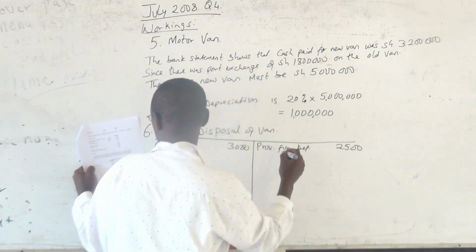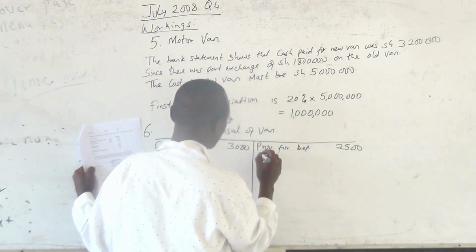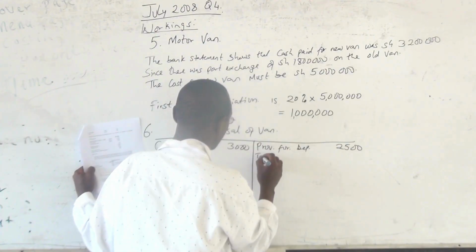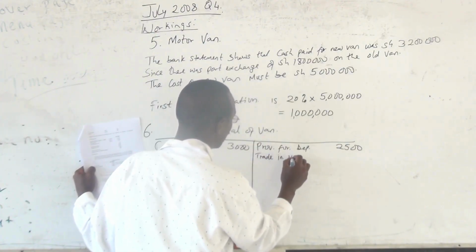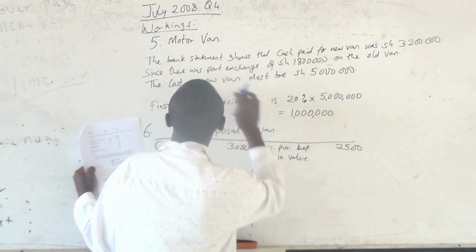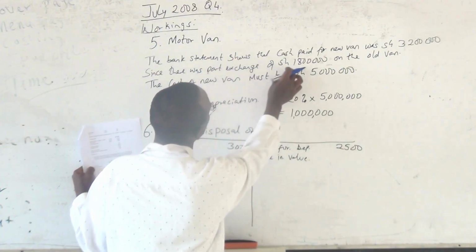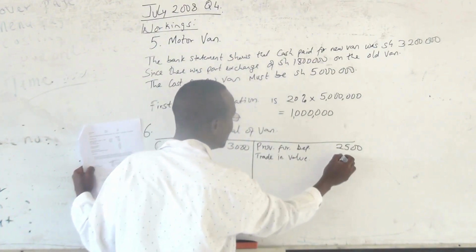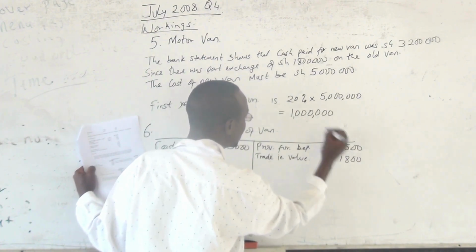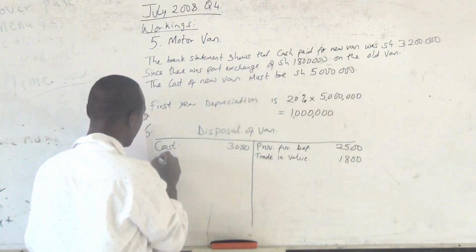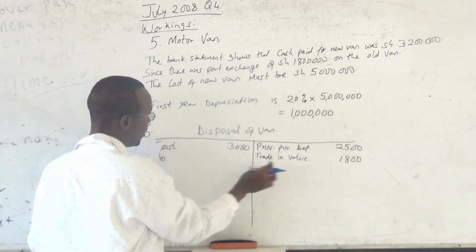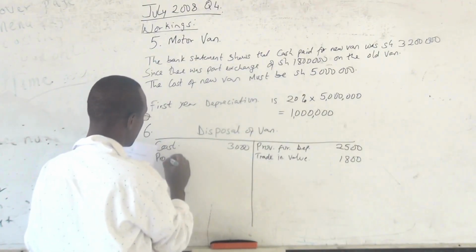There is the trade-in value. Trade-in value. The new one. This one. 1,800. Okay? So the difference will be the profit. If the difference comes this way it would be a loss.